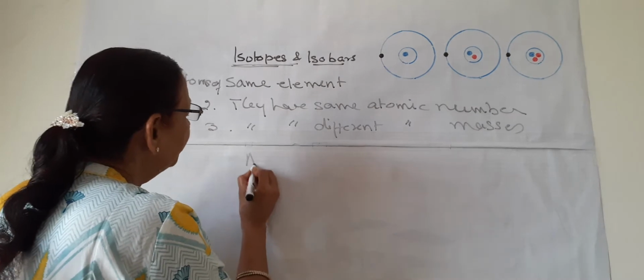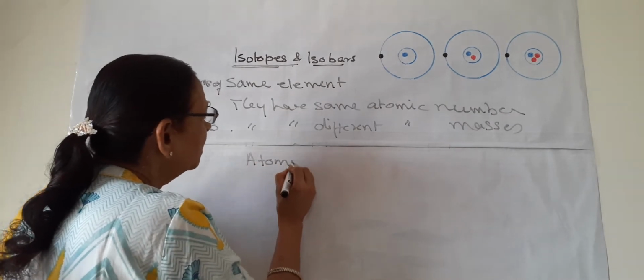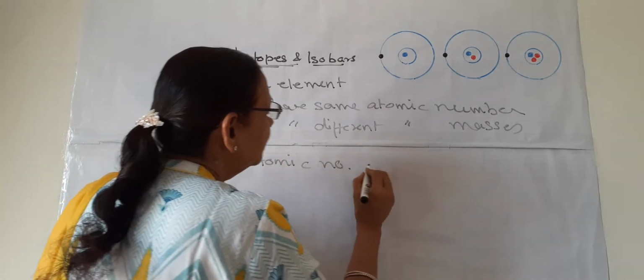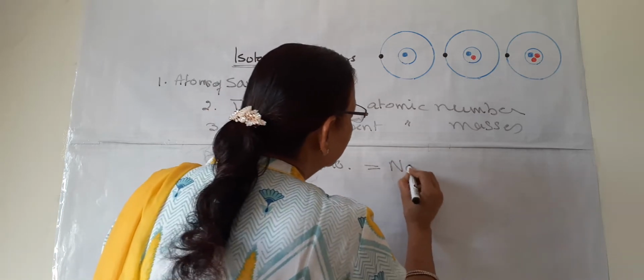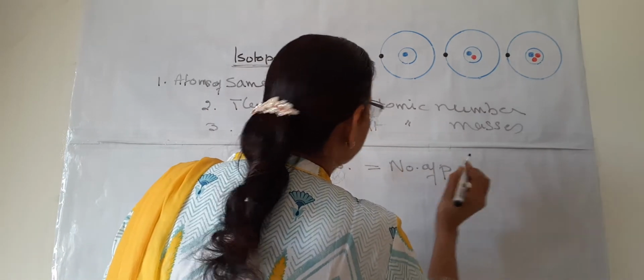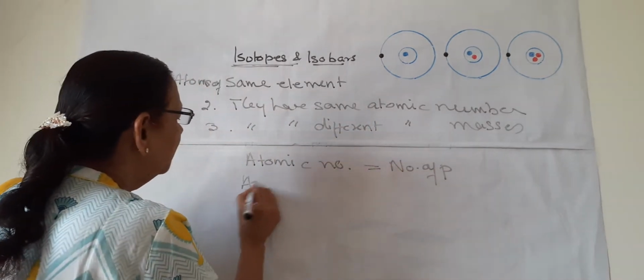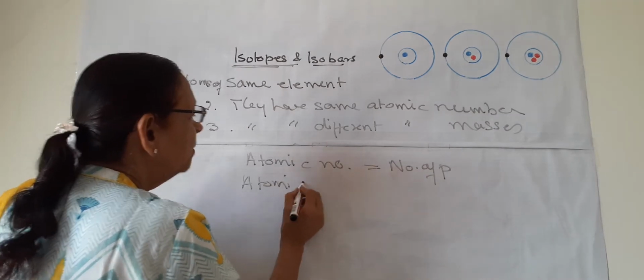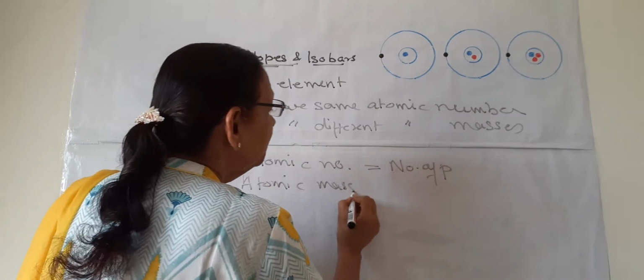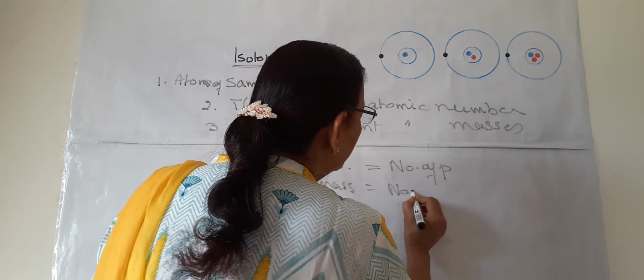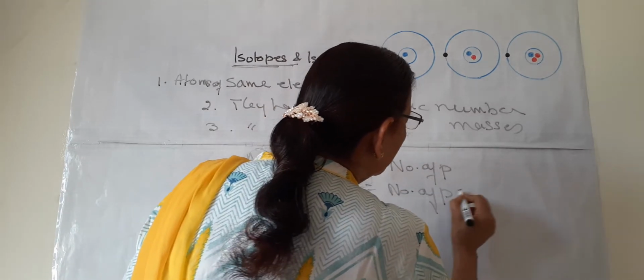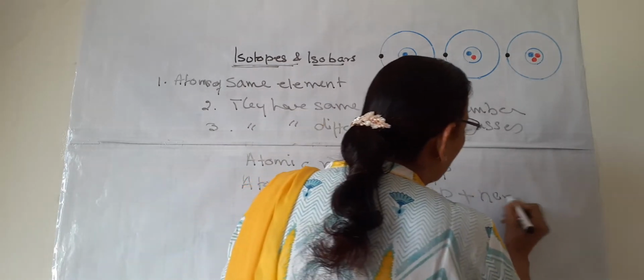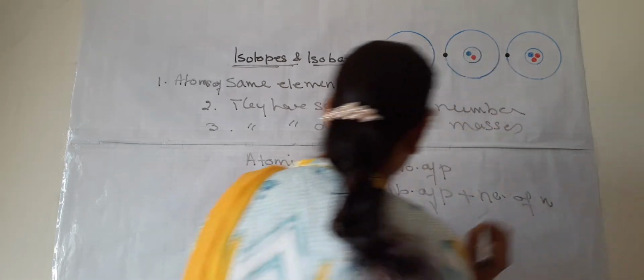Now if I write atomic number, what is atomic number? It is the number of protons. And if I write atomic mass, what is atomic mass? It is the number of protons plus the number of neutrons.